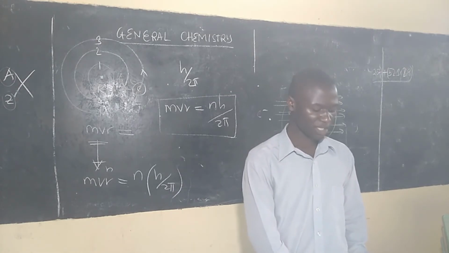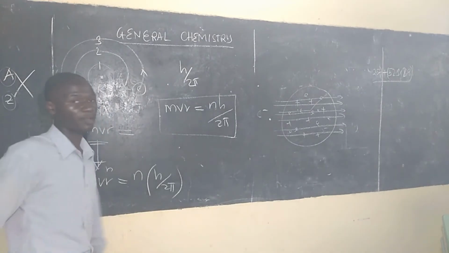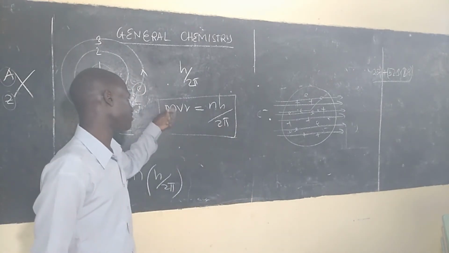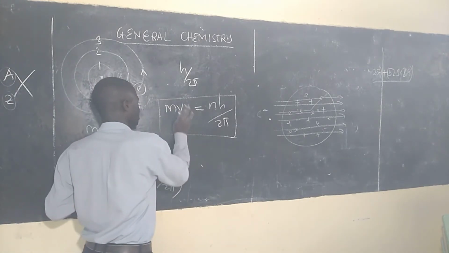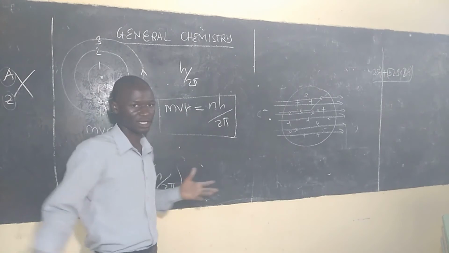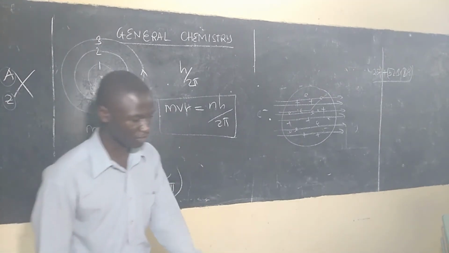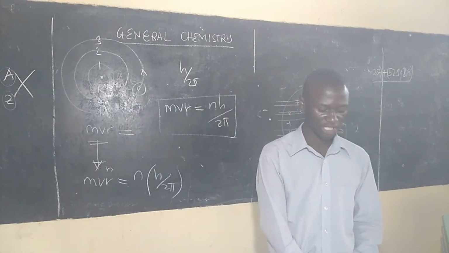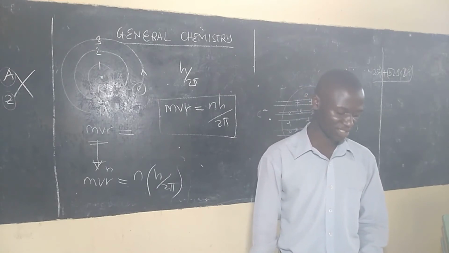And here, h is the Planck's constant and n is the principal quantum number. Pi is 22/7, m is the mass of the electron, v is the linear velocity of the electron, and r is the radius of the orbit of an electron. That is the second postulate. The angular momentum of an electron in its stationary state is quantized.